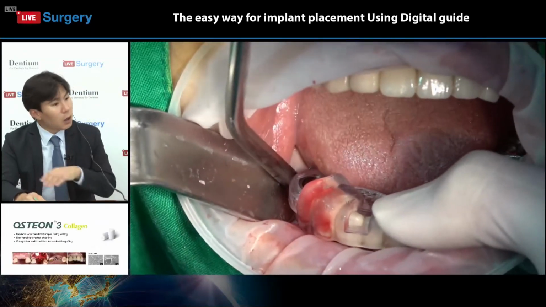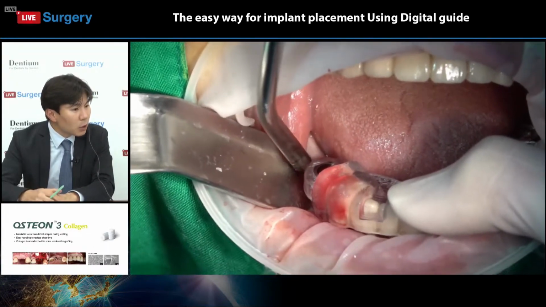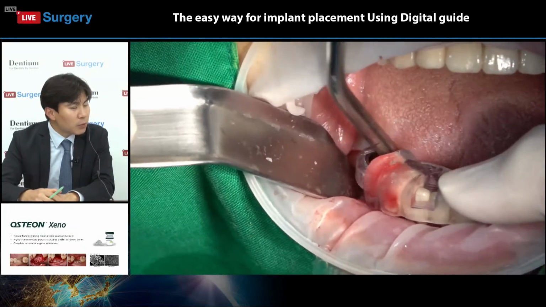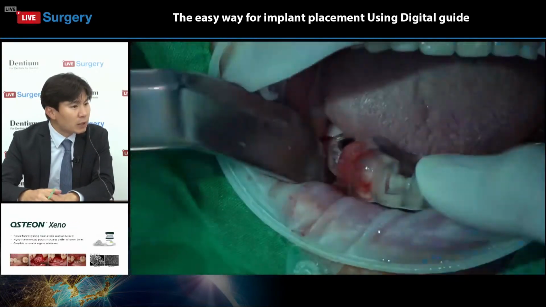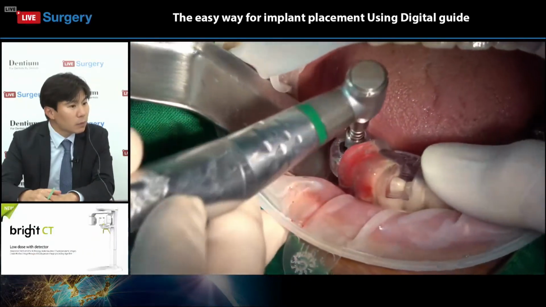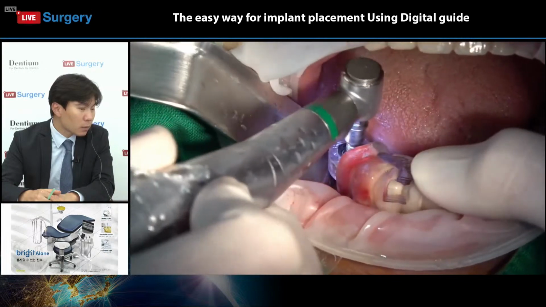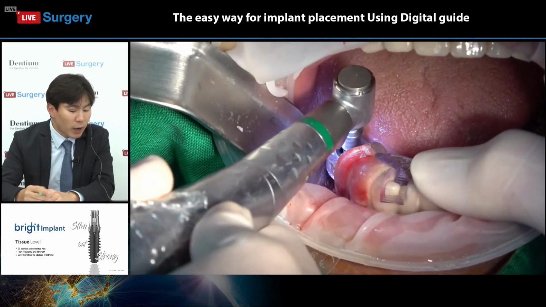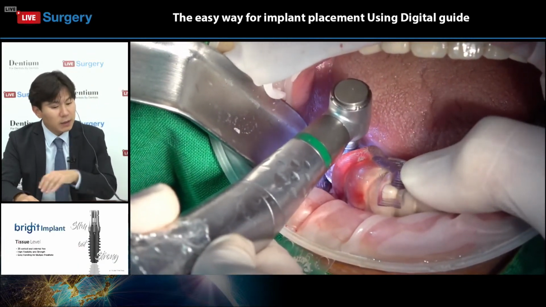And he will place the implant with a diameter of 4.5 and 10 millimeter in length. This is Superline 2 implant.